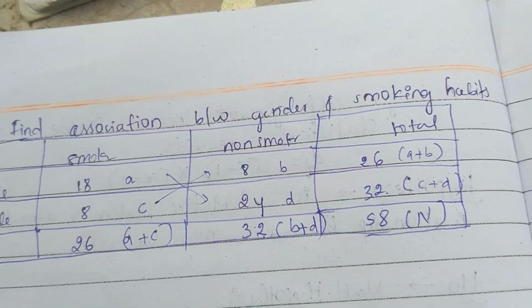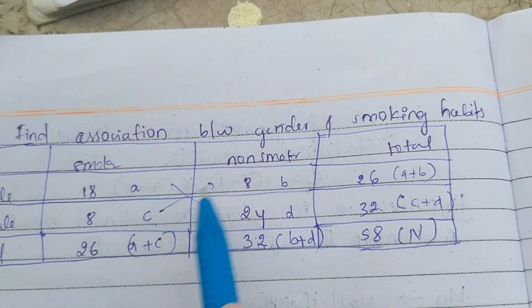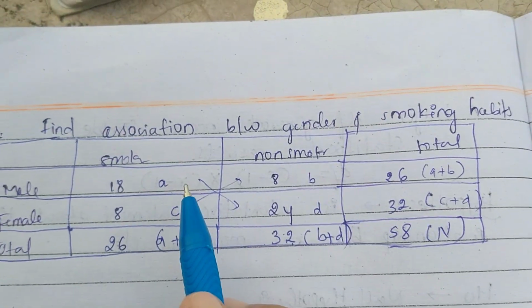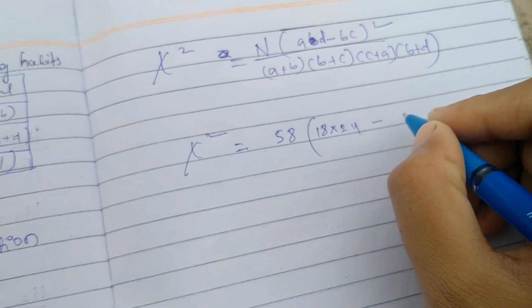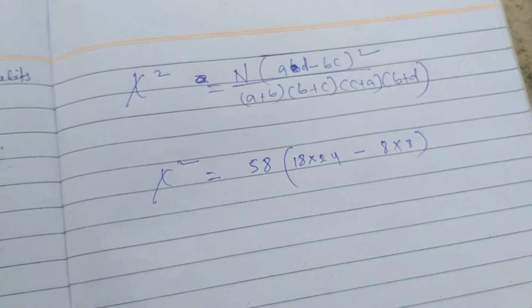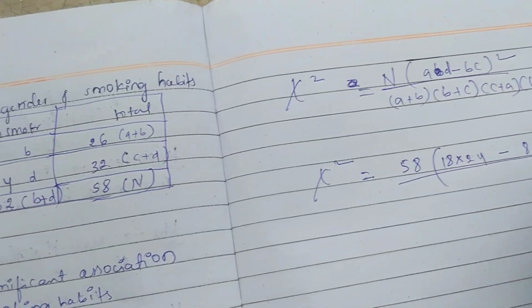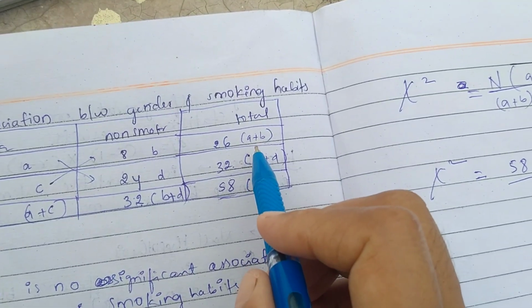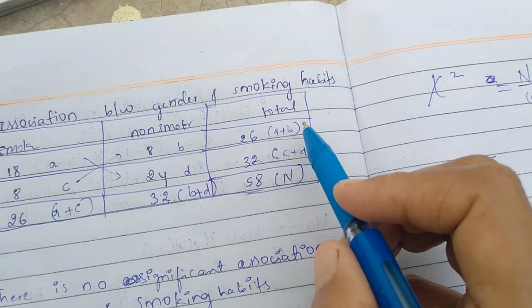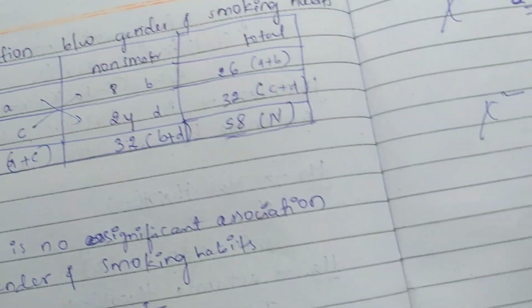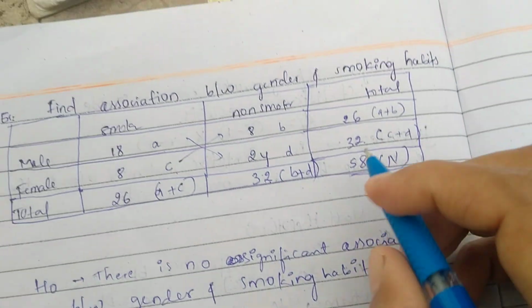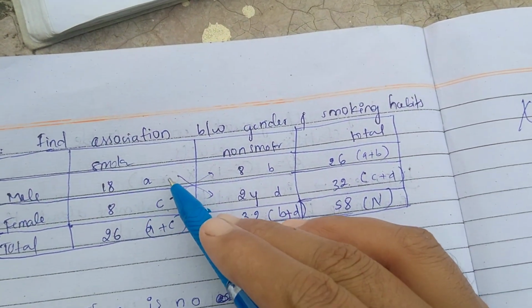Small correction, we have to do A into D and C into B. So 18 into 24 minus B into C, that is 8 into 8, divided by A plus B, which is 18 plus 8, that is 26, and B plus C, we have 8 plus 8.